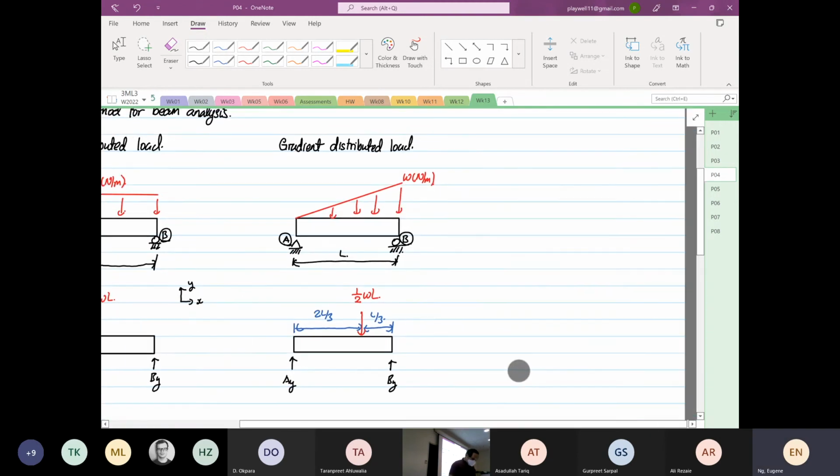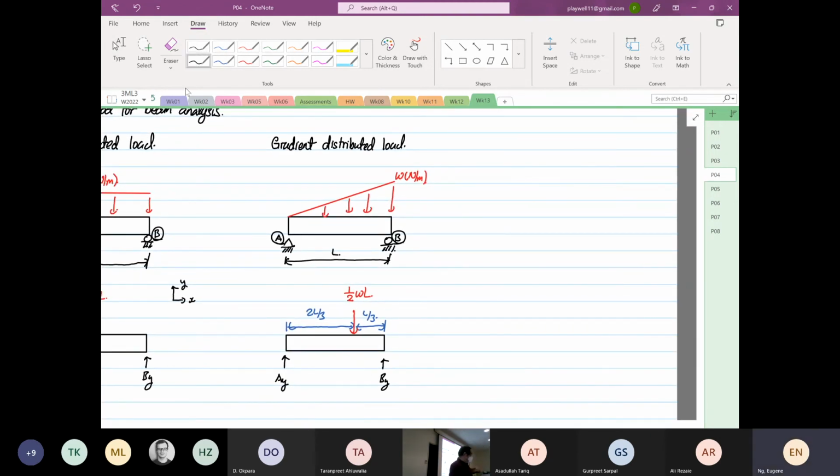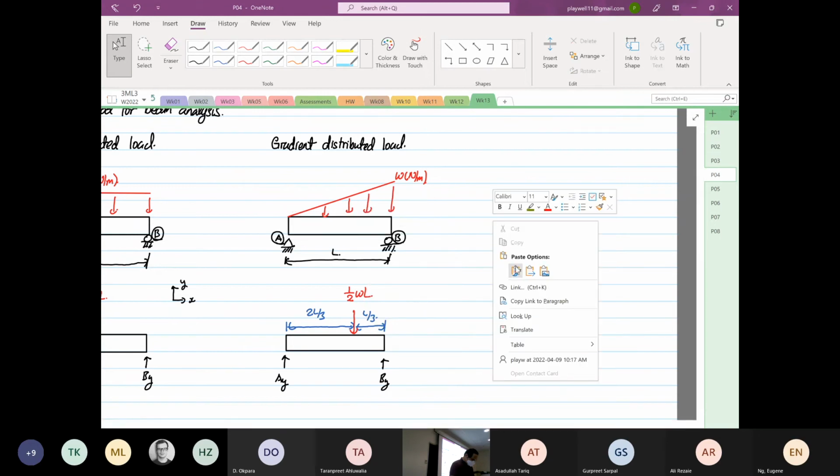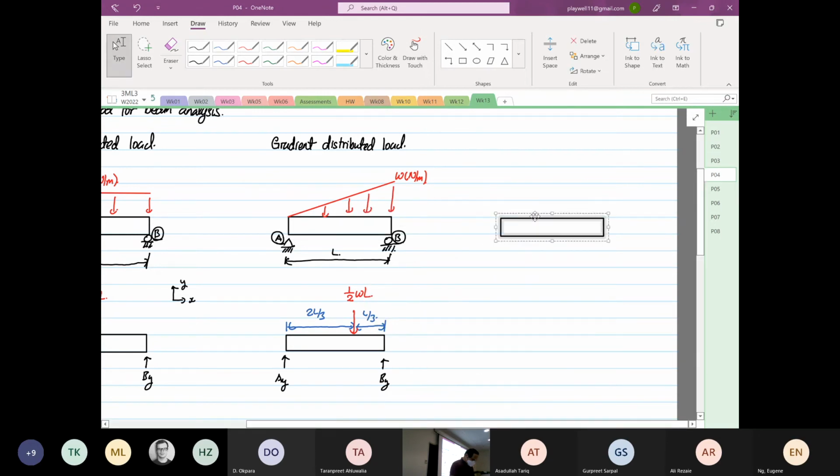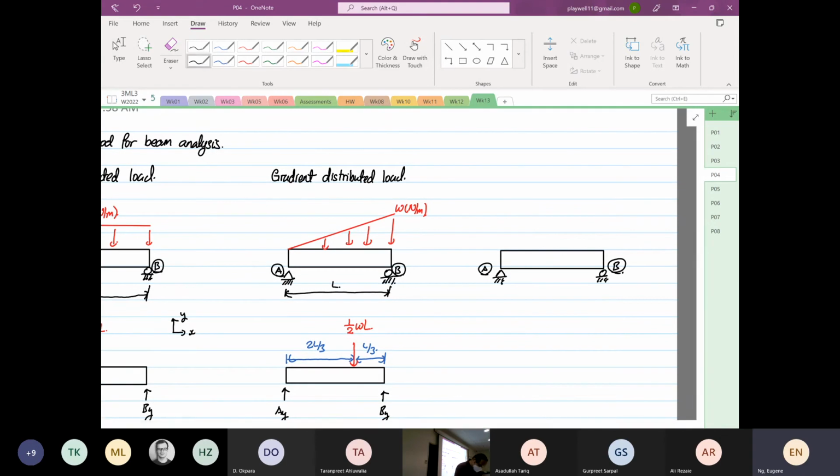Now, what if, so far so good, yes? What if now, still the same thing, point A, point B, and this is now a function distributed load.